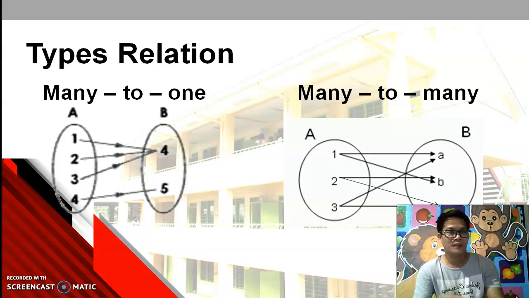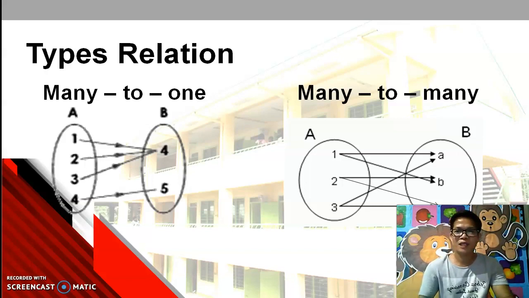And many-to-many simply means many elements of A are paired to many elements of B. Example, 1 and 3 in set A: 1 is paired to A, while 3 is paired to C and 2 is paired to C, while 2 is paired to B and 1 is paired to B. It means that many elements of A are paired to many elements of B.